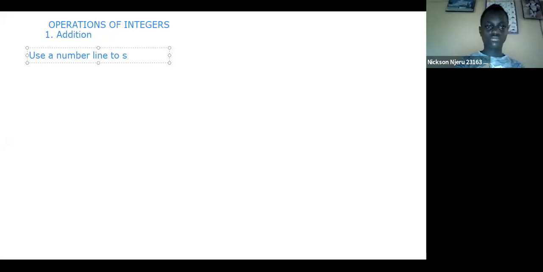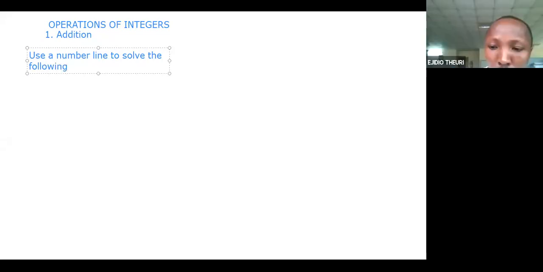So the first operation, we are doing this in form of examples. So the first question: use a number line to solve the following.